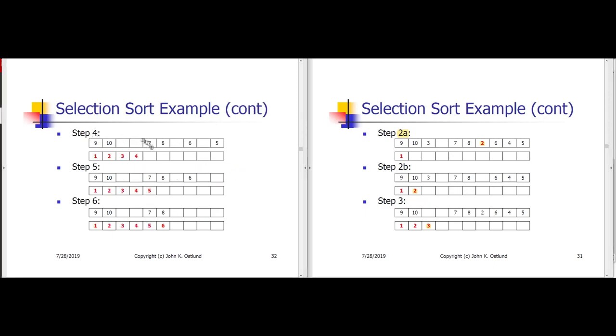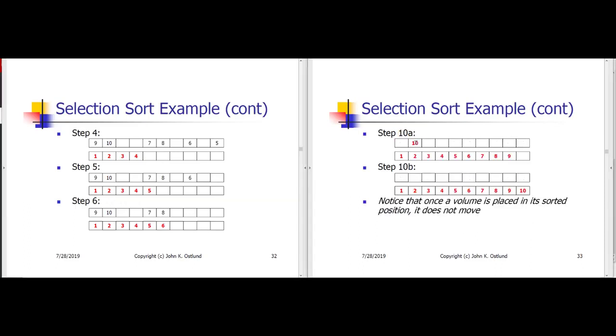So in step 4, we will identify and move volume 4, step 5, volume 5, step 6, volume 6. And eventually, when we arrive at step 10, there's only one volume remaining that's unsorted, and we move it into the final slot on the second shelf, and we're done.